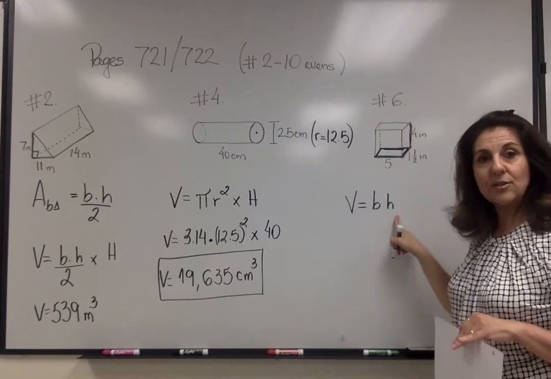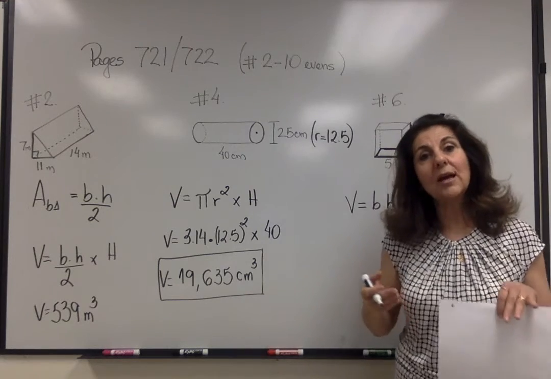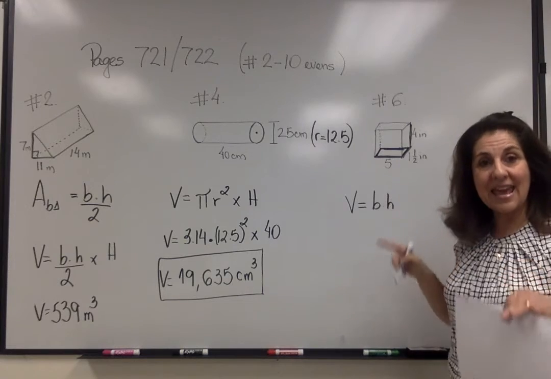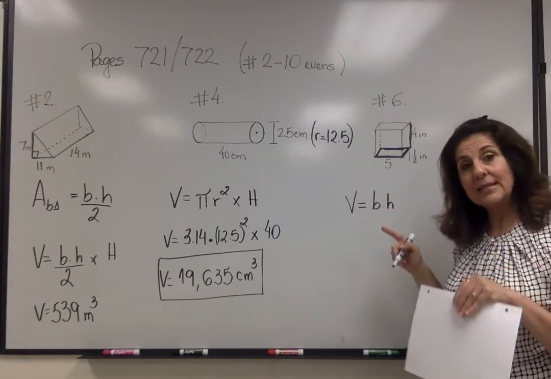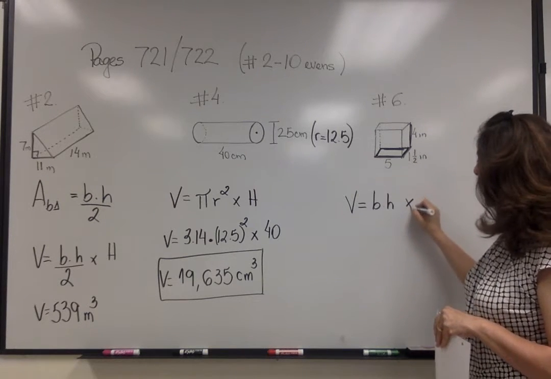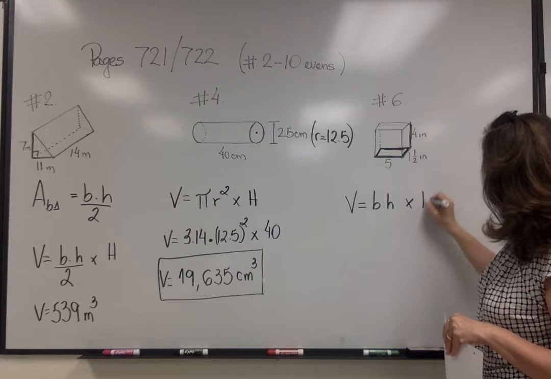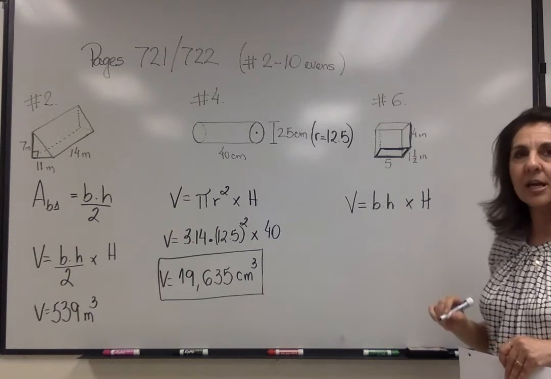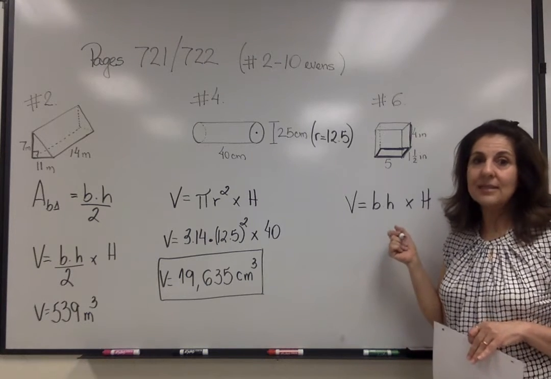We just divide by 2 over here if this is a triangle base, because that's the formula of area of a triangle. Now we are working with a rectangle, and the area of the base here is the area of a rectangle. So this is 5 times 1.5. Then times the height of my prism, which is 4. Okay, so now we are going to put the information here. That's why I think it's very important when you're doing this to write what you're doing.